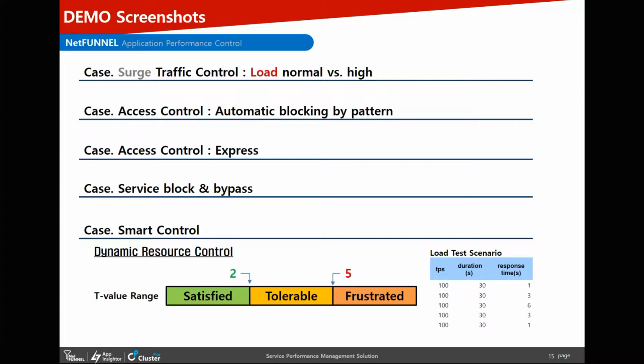The fourth case relates to service block or bypass functions. The last case relates to smart control. In this case, you get to know about dynamic resource control and observe how Netfunnel reduces resources to protect the system when the response time takes more than 5 seconds.